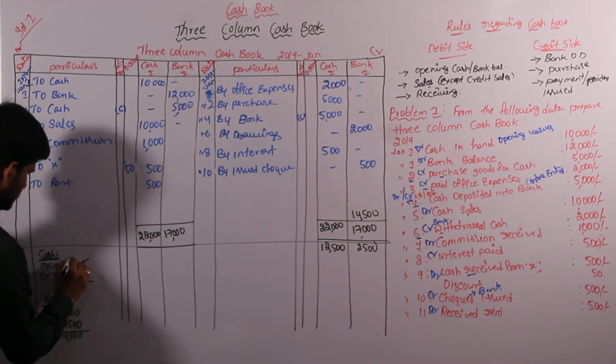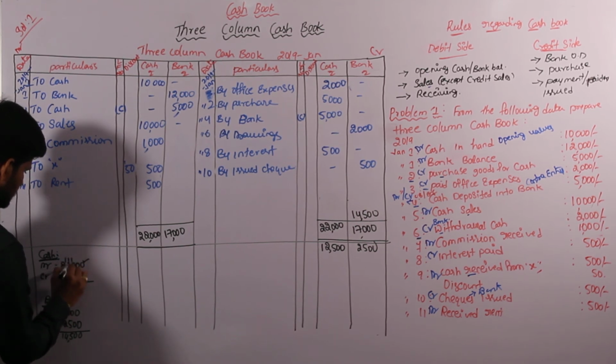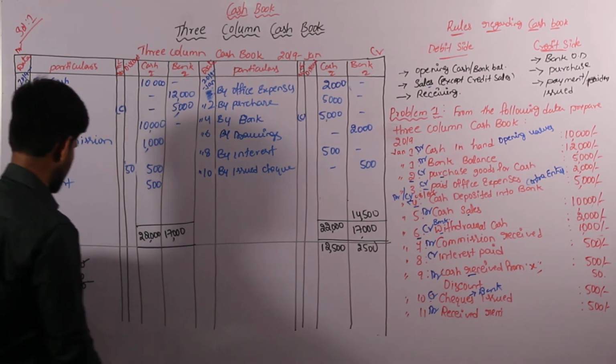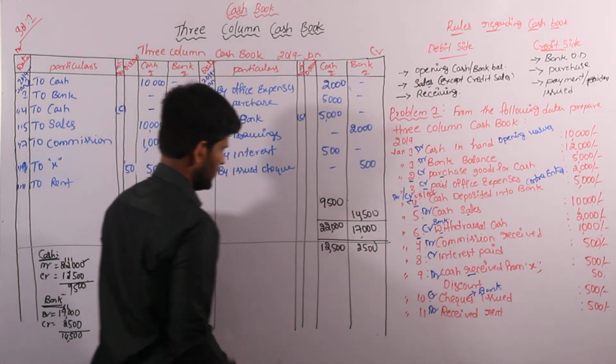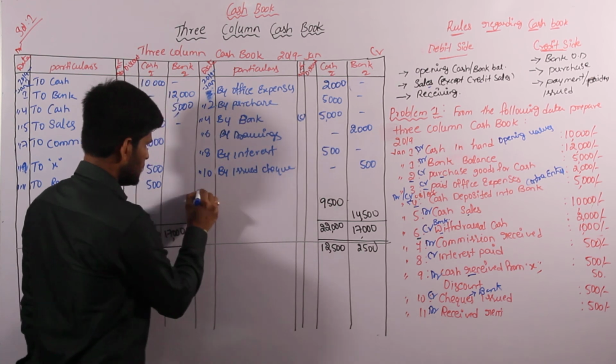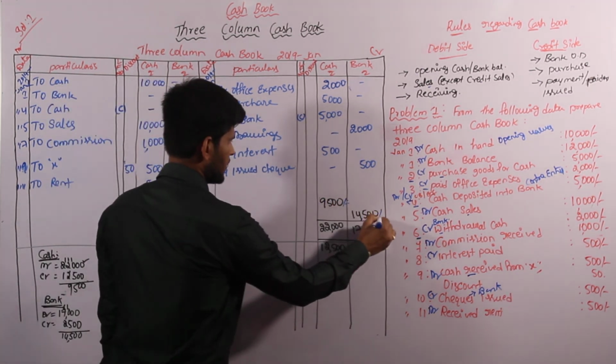11 minus 2, 9. 1 minus 1. 9,500. Here we have 9,500. So we have to take all these values as credit side balance carried down values. Right?